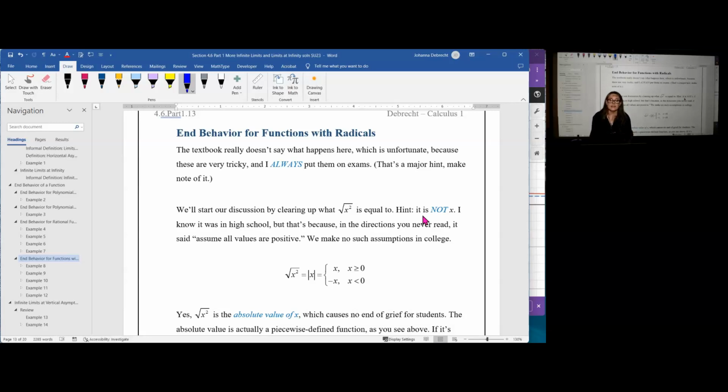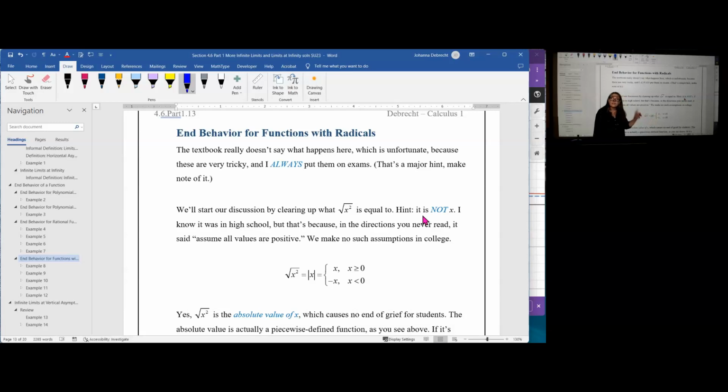However, in college, we make no such assumptions. x could be negative or positive or 0. In this case, if the value is already positive before you start, then the square root of x squared is just the value x.